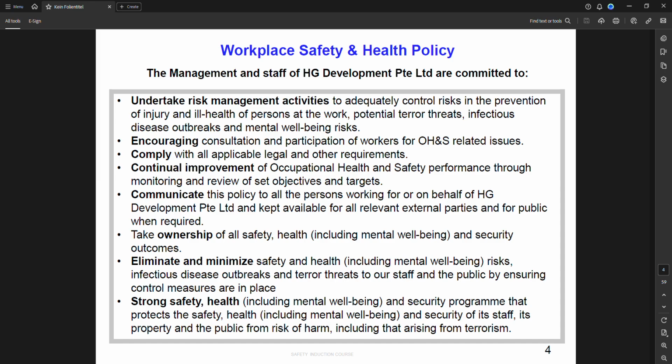On behalf of management, we commit to undertaking risk management activity, encouraging consultation and appreciating the participation of workers, complying with regulation and continuously improving our WHS performance, communicating effectively, taking ownership, and working to minimize the risk. Ensuring strong safety and health standards across our construction sites.